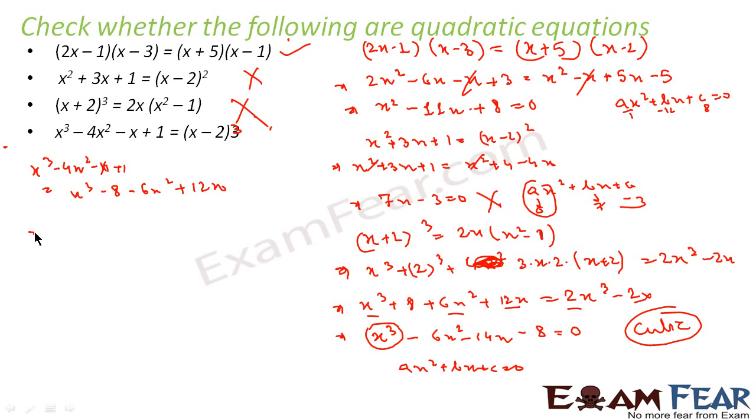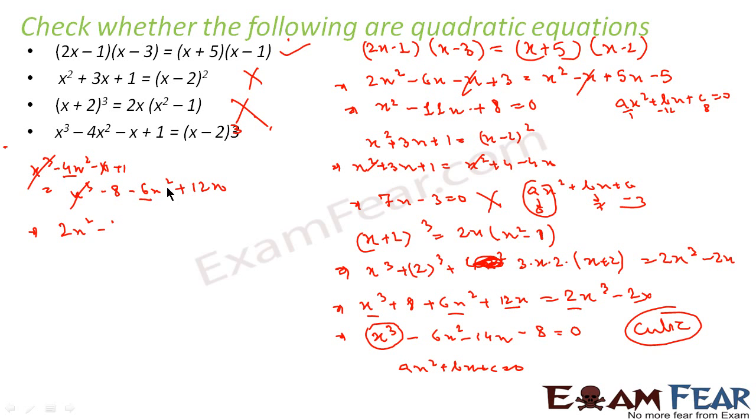Let me equate this. x cube cancels. Minus 6x square and plus 4x square is, if you take this side, this becomes 6x square. 6x square minus 4x square is 2x square. This part is done. This is x and this is 12x.